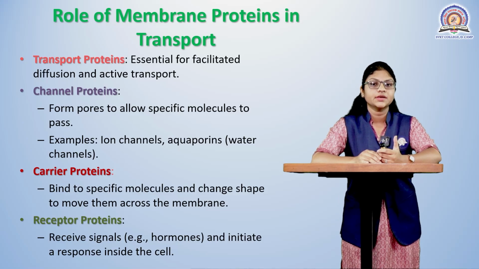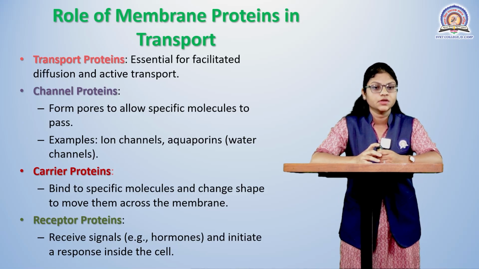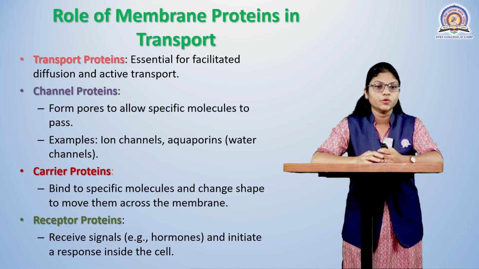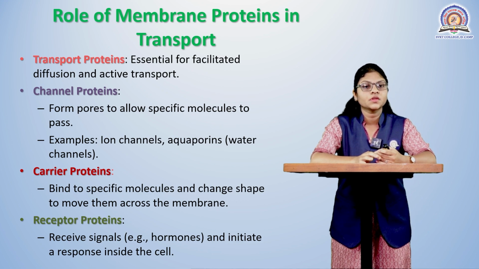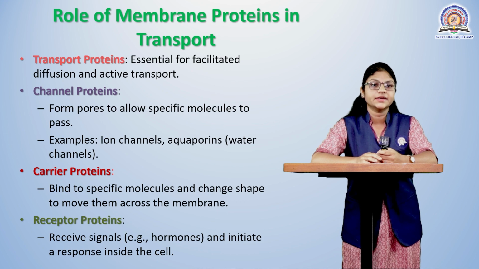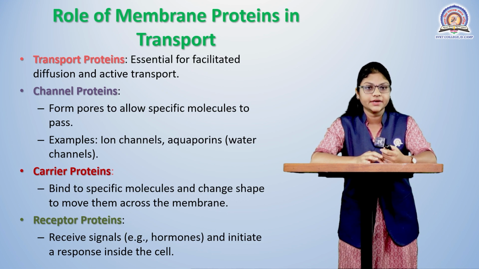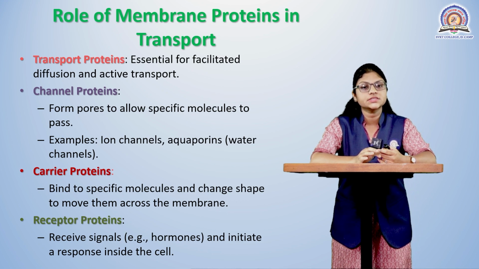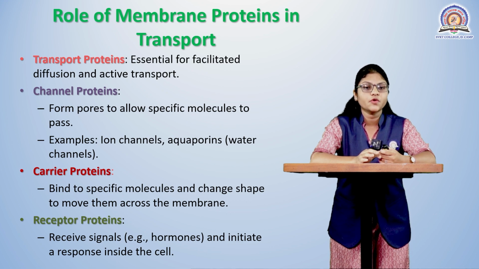Role of membrane proteins in the transportation. We studied it earlier, but now discuss it in detail. The transport proteins help in facilitated diffusion and also in active transportation. First are the channel proteins. These form pores that only allow specific molecules to pass through.